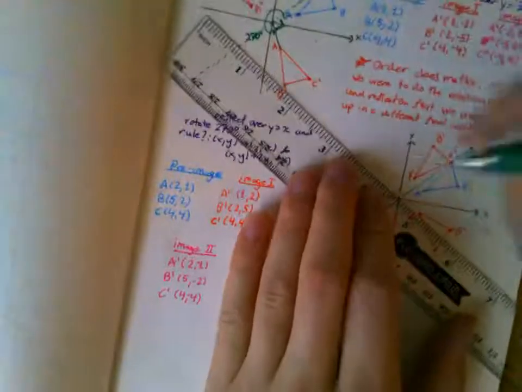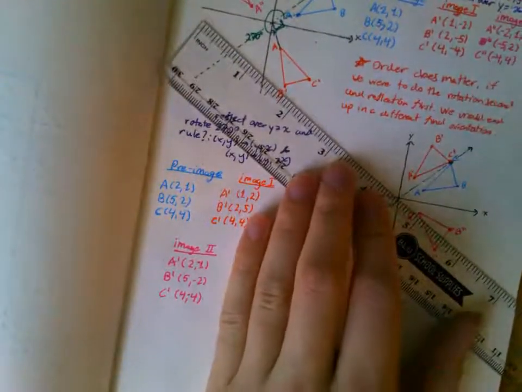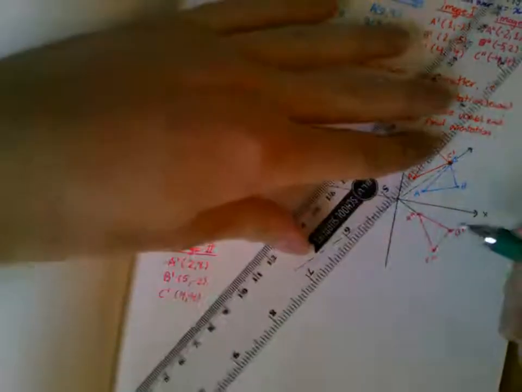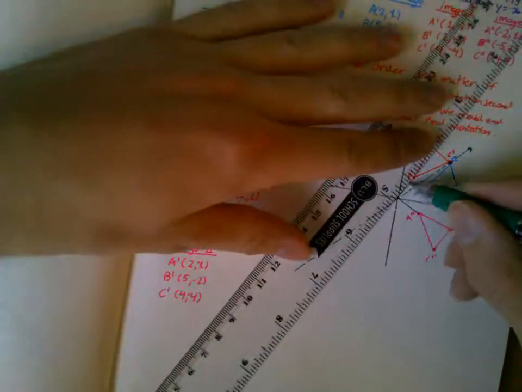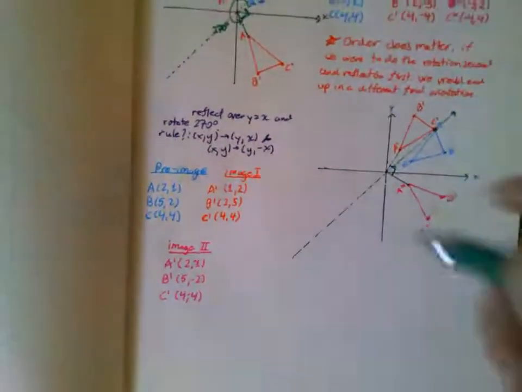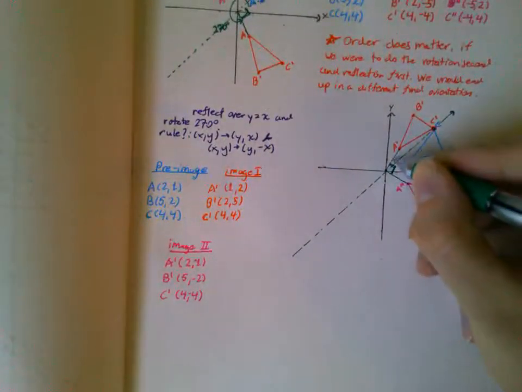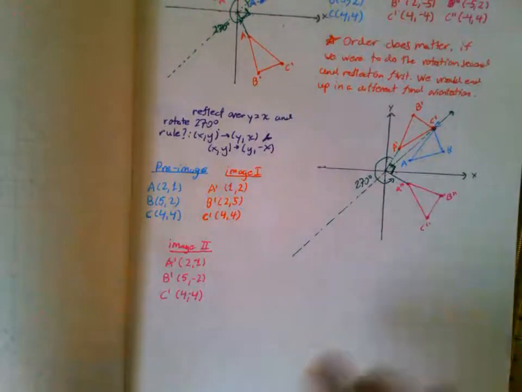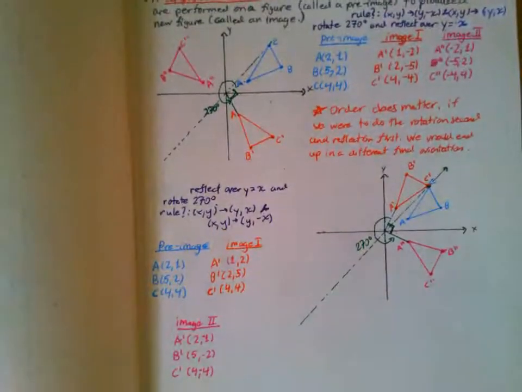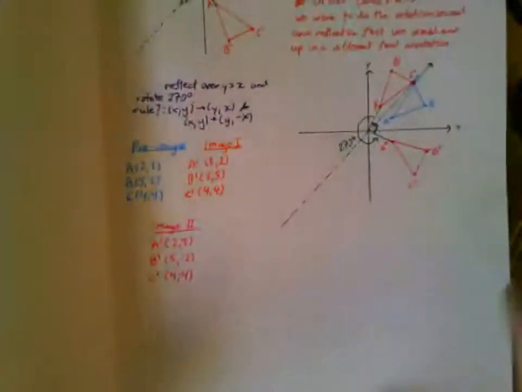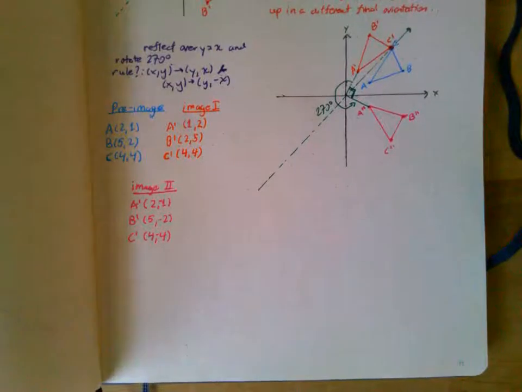So again, if I check for my little right angle in here, yep, there he is. Nice, pretty right angle. And that means that this right here is 270 degrees and it checks out, but they are not the same thing. So the order does matter. Keep that in mind, especially going forward.